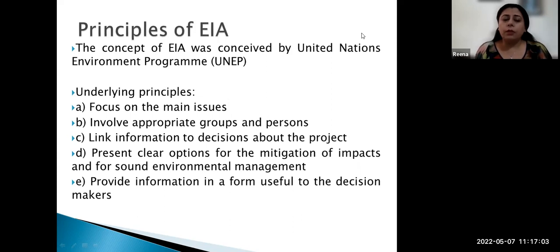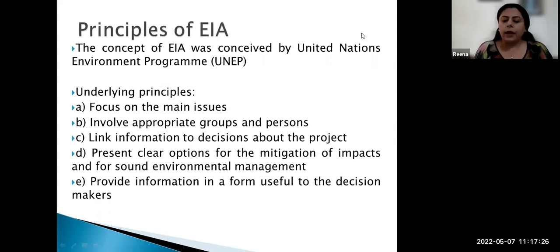Then again, whenever there is a public hearing, you have to communicate to the public through some daily newspapers that we are going to conduct this public hearing meeting at this location for this project, cost, and all other documents are lying with this person who may be contacted.